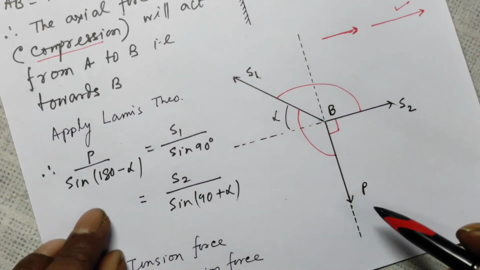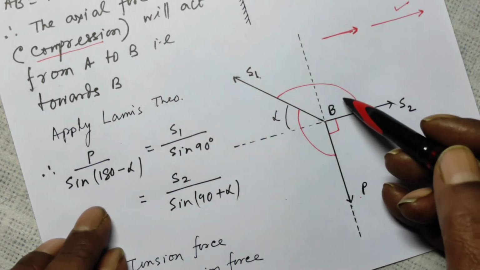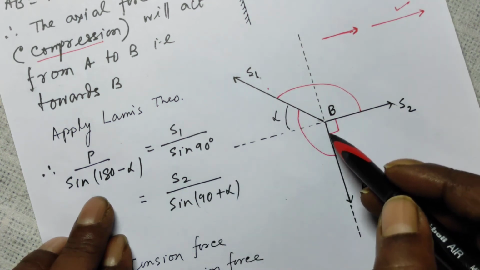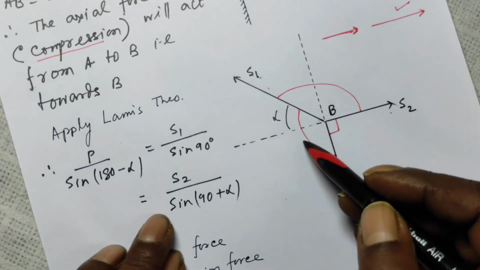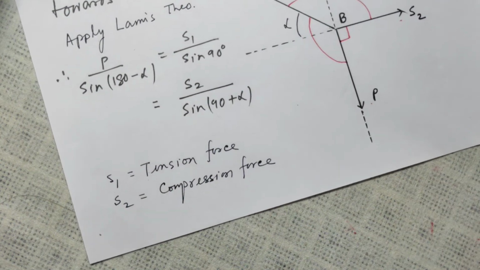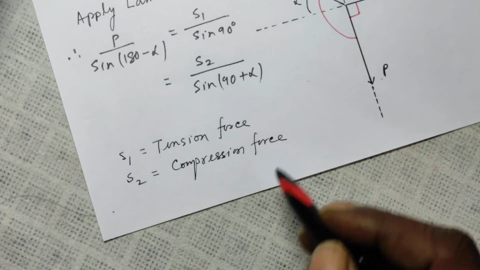So that is what I have written by applying Lami's theorem: P over sine 180 minus alpha is equal to S1 over sine 90 is equal to S2 over sine 90 plus alpha. That's all. Where S1 is the tension force and S2 is the force of compression.